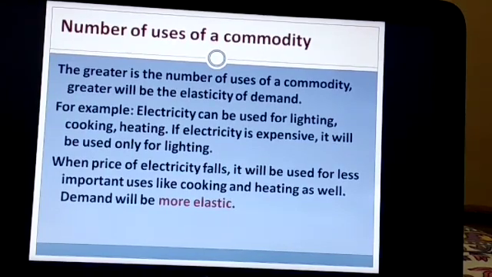The price of electricity falls, demand increases immensely, so it is more elastic. There is a huge increase in demand due to the fall in price.